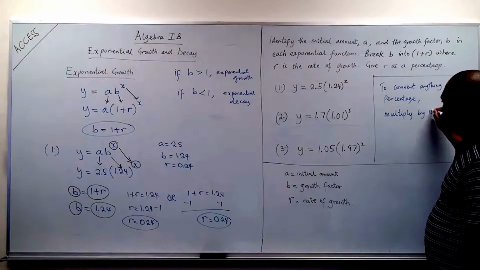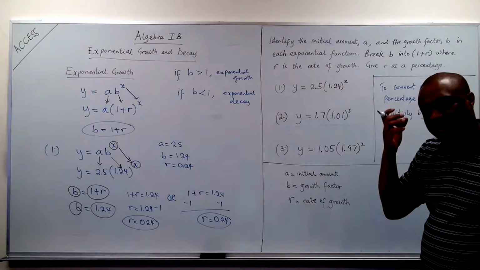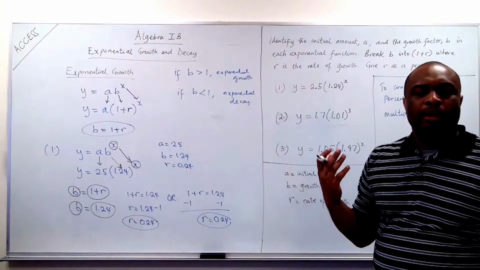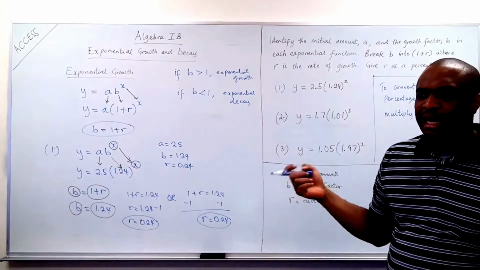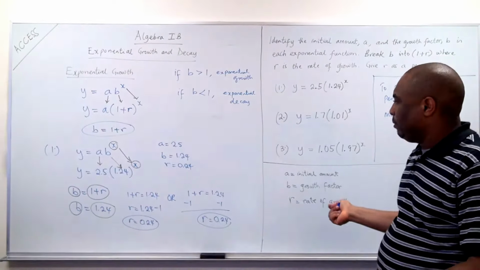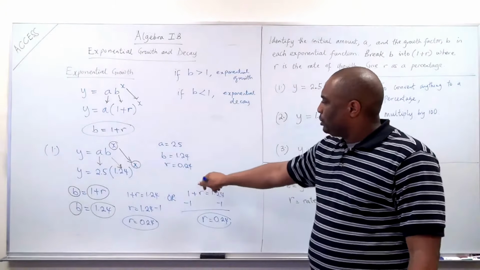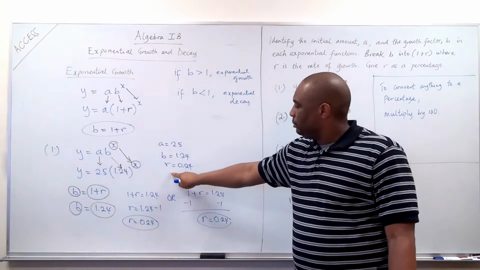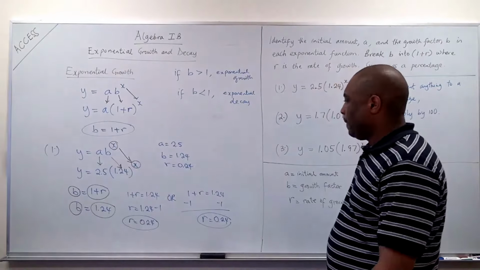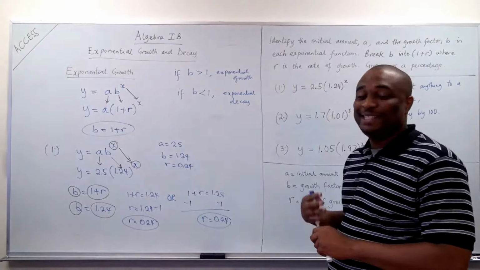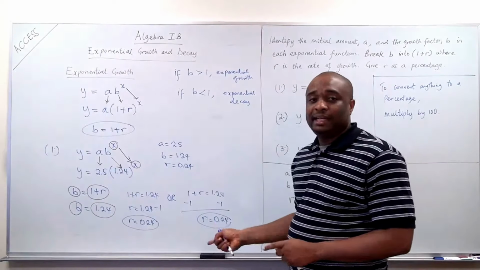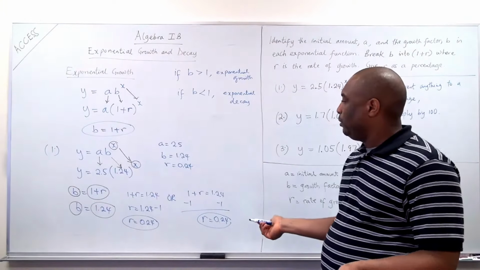Now, you probably have done this in class, converting decimals to percents or fractions to percents. So, if you've done it in class, that is what it means. So, if we want to convert the R, 0.24, to percent, all you need to do is multiply by 100.